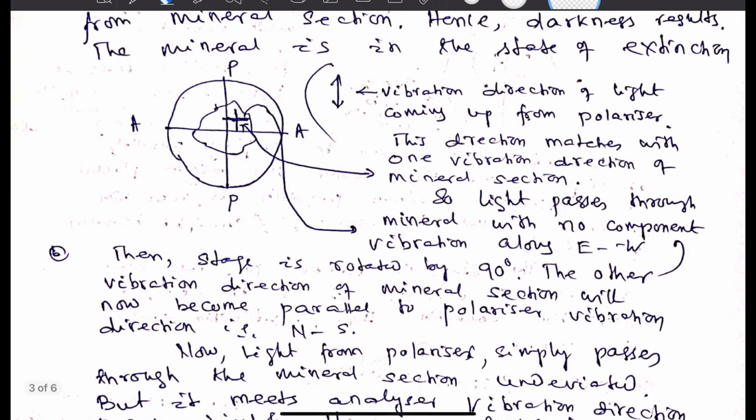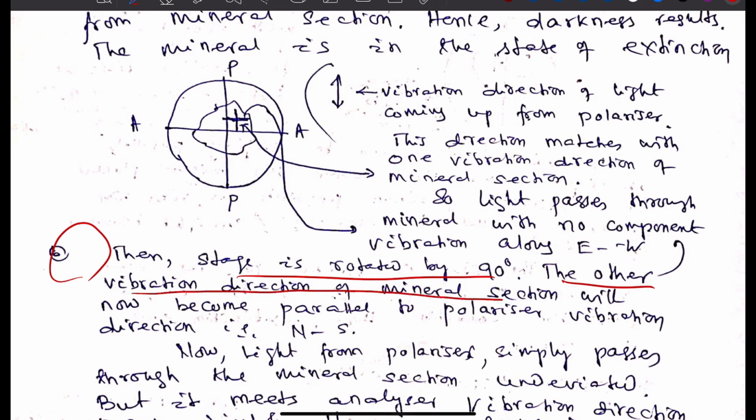Situation 2. From that position, if the stage is rotated 90 degrees, the other vibration direction of the mineral section will become parallel to the polarizer vibration direction, and that is north-south.